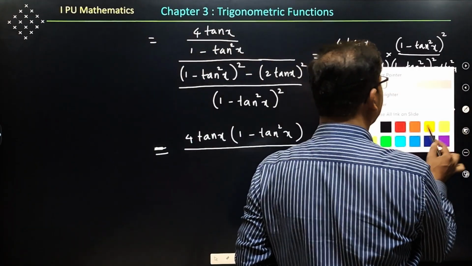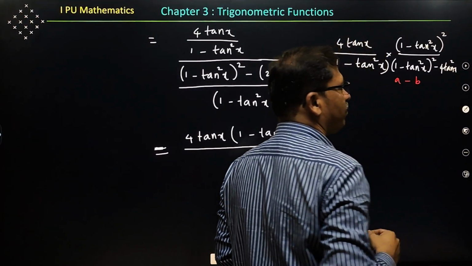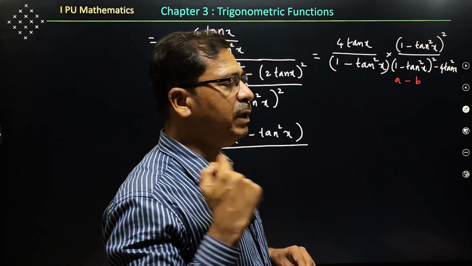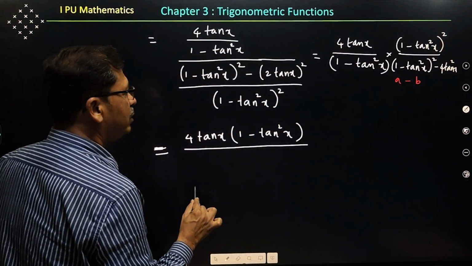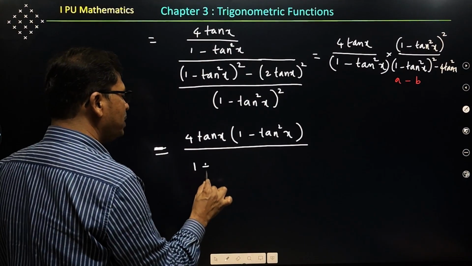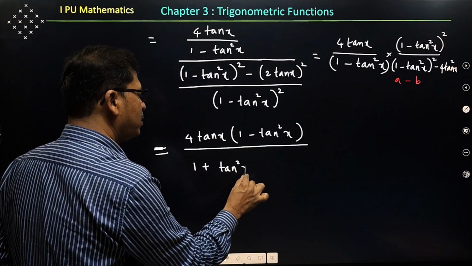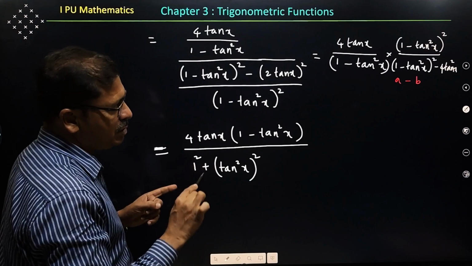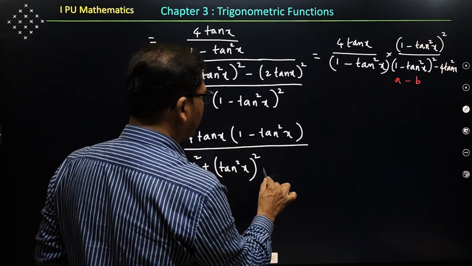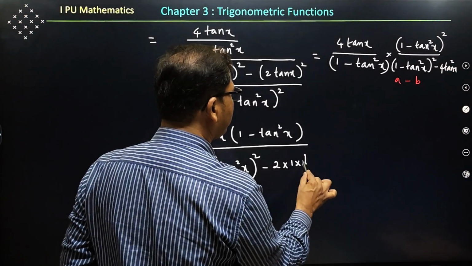Here at this stage this is a and this is b, (a minus b) whole square, the a square plus b square minus 2ab formula. According to that, 1 square is 1 only, plus b square, that is tan square x to the power 2, minus 2 into 1 into tan square x.